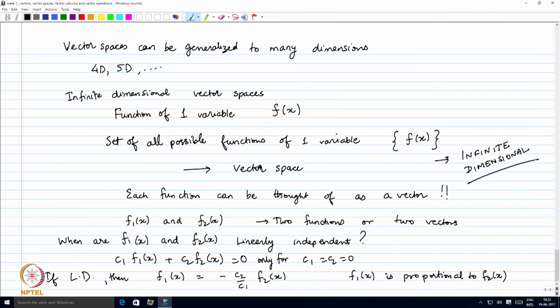So, this is an infinite dimensional vector space. And so we can see this space of functions as an infinite dimensional space. You can construct several other different infinite dimensional vector spaces, which I will not get into.